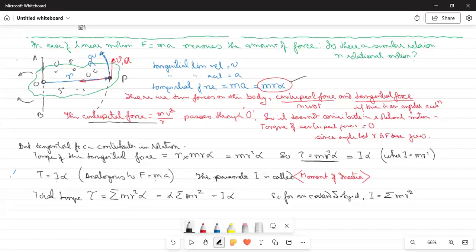That summation of all m r square taken together is the same sigma m r square.